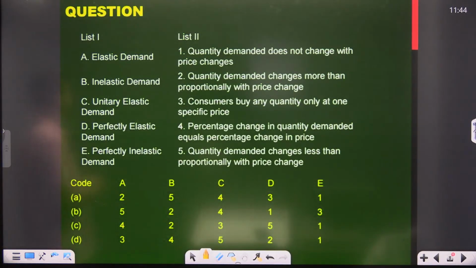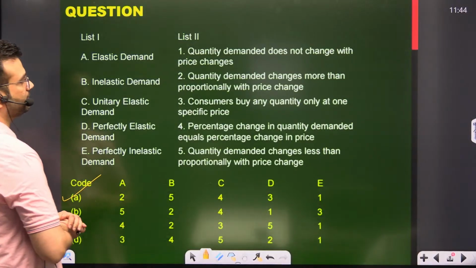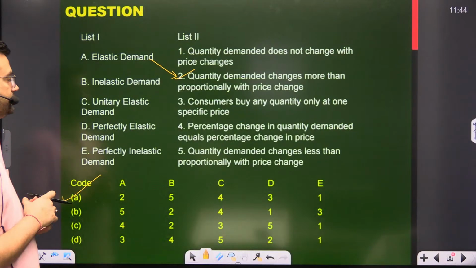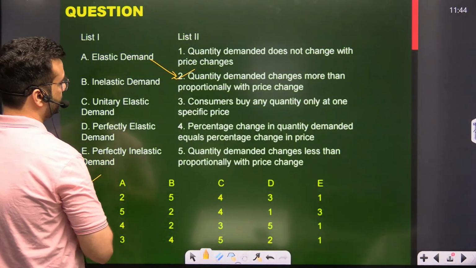So the right answer of this question is A. Elastic demand means quantity demanded changes more than proportionately with price change. Inelastic demand: quantity demanded changes less than proportionally with price change.